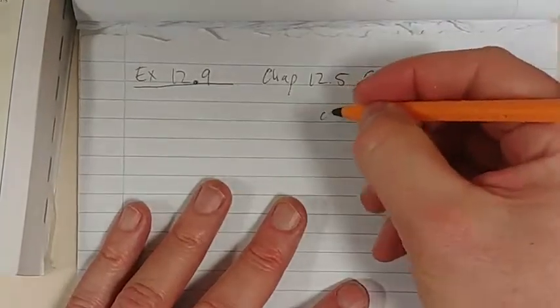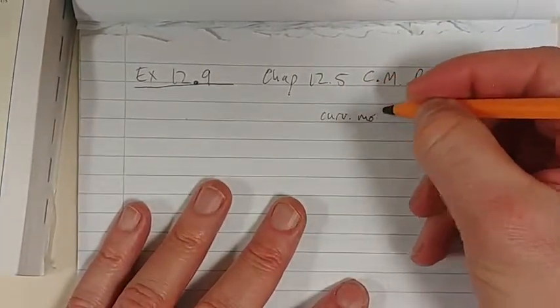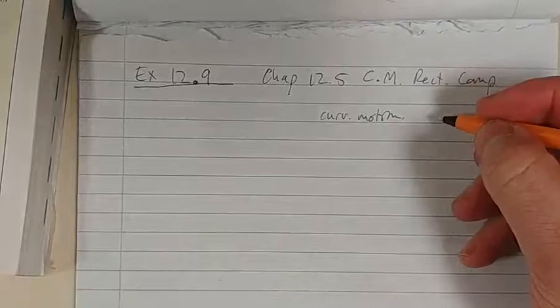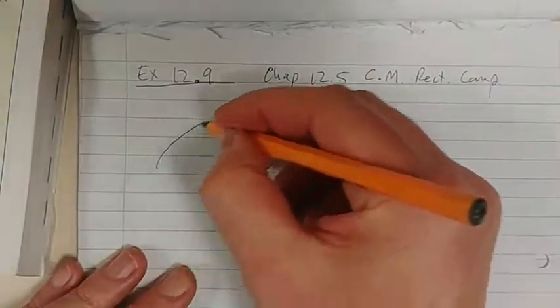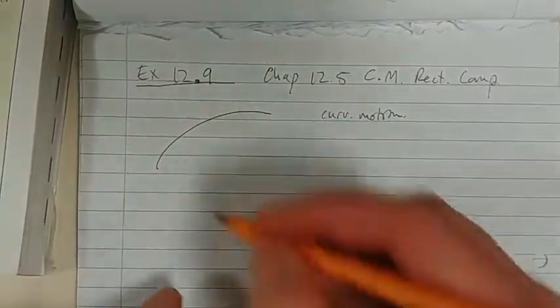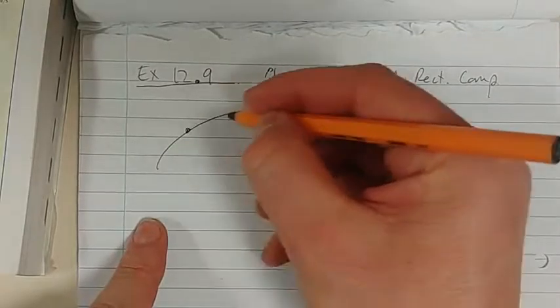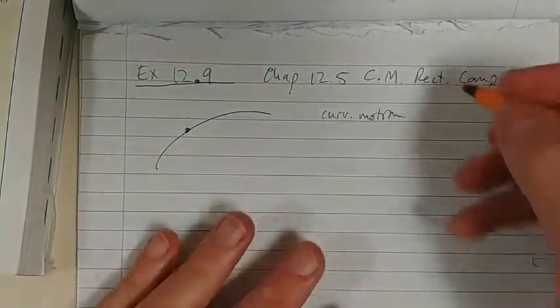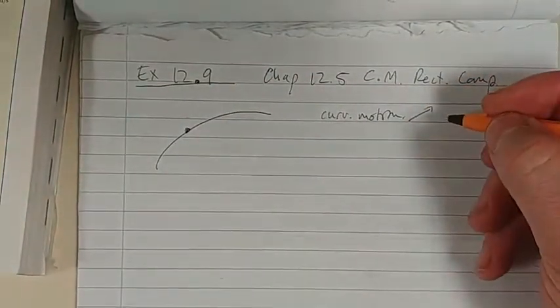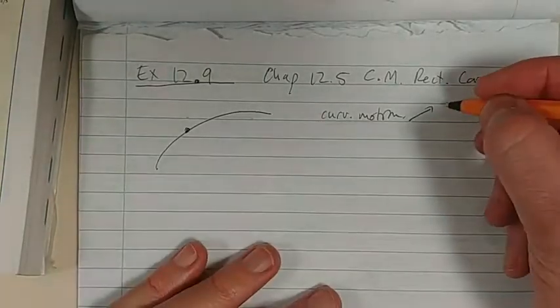So just recall what I said earlier in the previous video, that with regards to curvilinear motion, we can analyze exactly the same motion. This particle is moving in a curve, it's curved motion. We can analyze it using different coordinate systems.